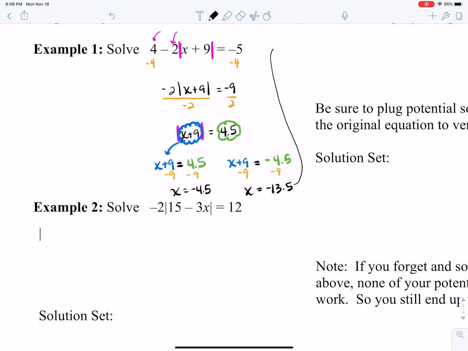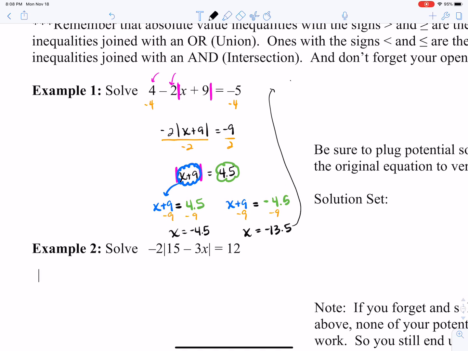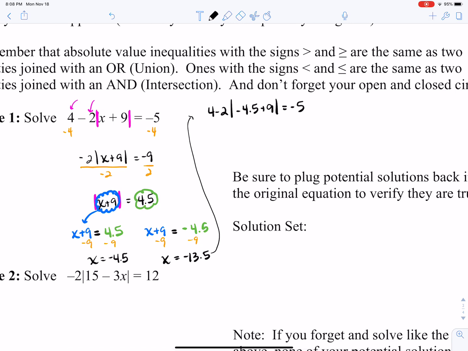Take your answers, plug them back in, make sure that they both work. So I'm going to write 4 minus 2 absolute value. There's one of them.